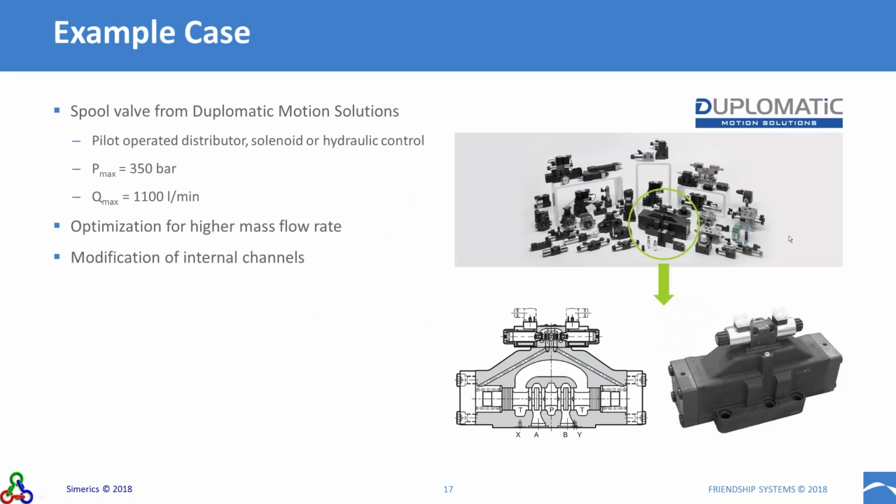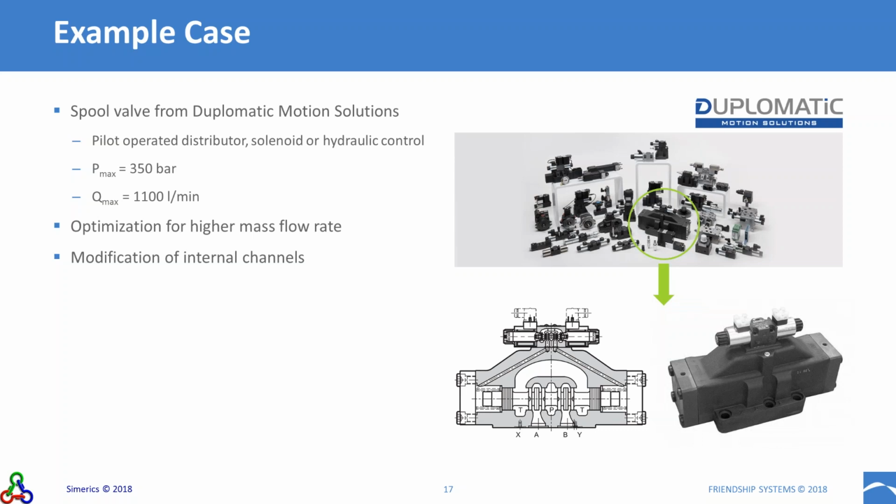What we want to look at today is an optimization that we ran for a spool valve from the company Diplomatic Motion Solutions in Italy. Specifically, this is a so-called pilot operated distributor valve, and it's controlled either by a solenoid, so electrically, or with a hydraulic control.